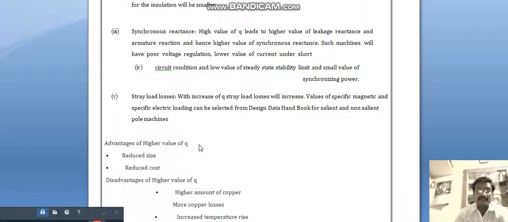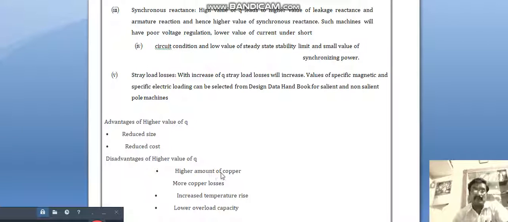Whole machine. Advantages of a high value of Q: reduced size, the machine size will be reduced, and cost will be reduced. Disadvantage: a high amount of copper. When you go for a high value of specific electric loading, then a high amount of copper is needed. More copper losses will be generated, and there will be increased temperature rise because a high current will flow in that particular area.